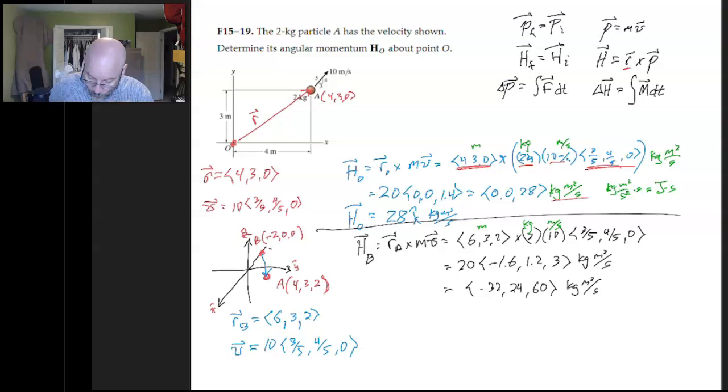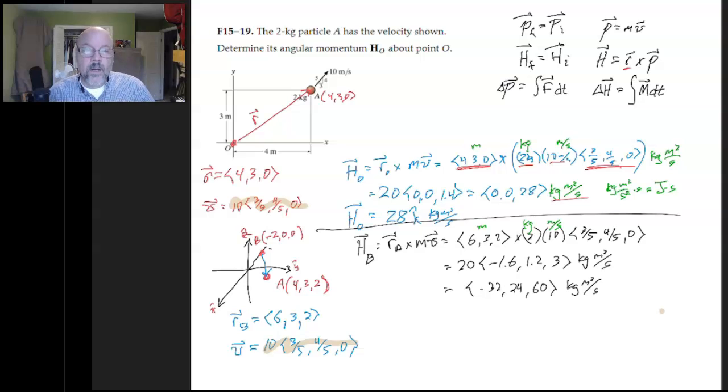Now let me point out one more thing, then we'll call this one good. We had the same velocity vector here and here, but we got very different answers for angular momentum.